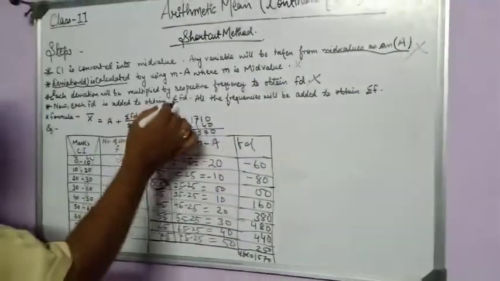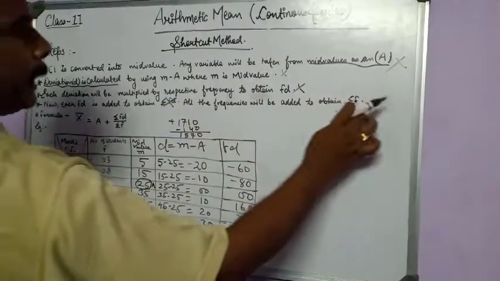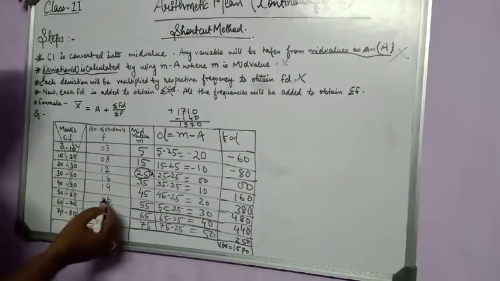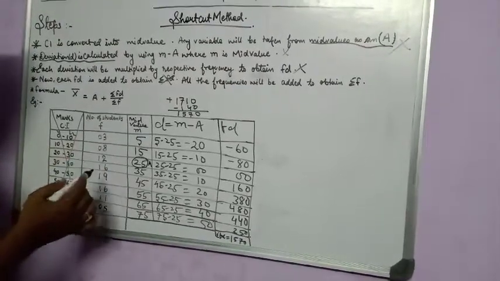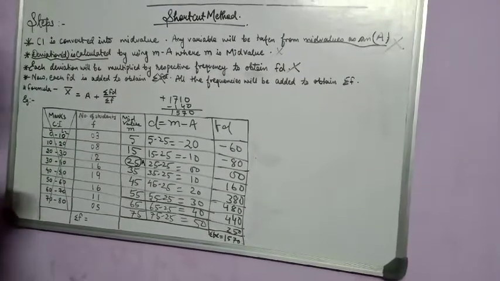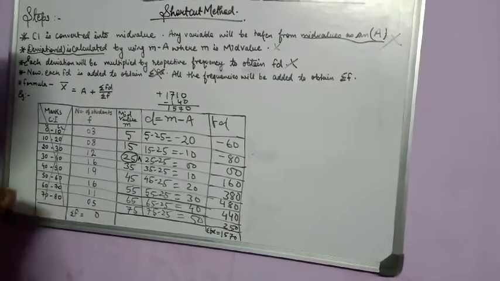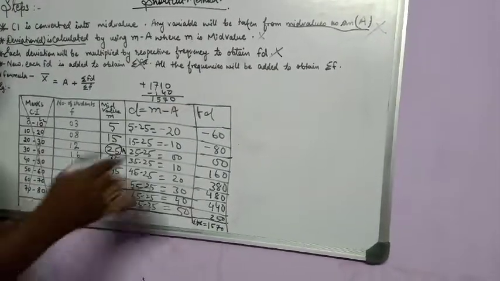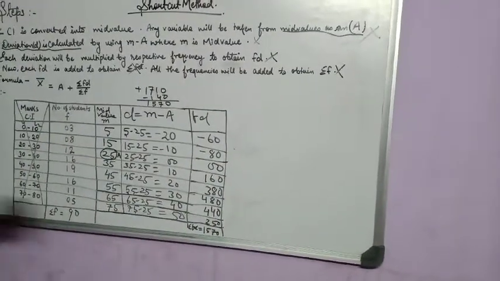Now all the frequencies will be added. 5 plus 1 is 6, 6 plus 6 is 12, 12 plus 9 is 21, 21 plus 6 is 27, again 29, 29 plus 8 is 37, 37 plus 3 is 40, carry 4, 5, 6, 7, 8, 9, that is 90. Now this work is also completed. Sum of F is equal to 90.